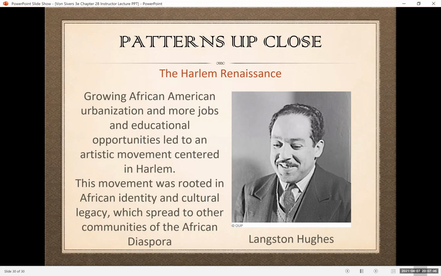Langston Hughes will be writing phenomenal poetry and literature. The painters of the Harlem Renaissance will be extraordinary painters. I'll show you some of their works. And we'll just see this incredible growth of culture and the rest of America starting to embrace it.